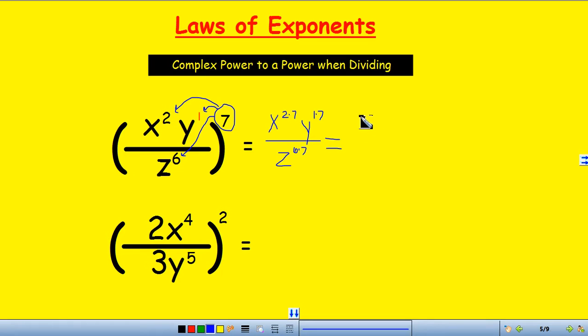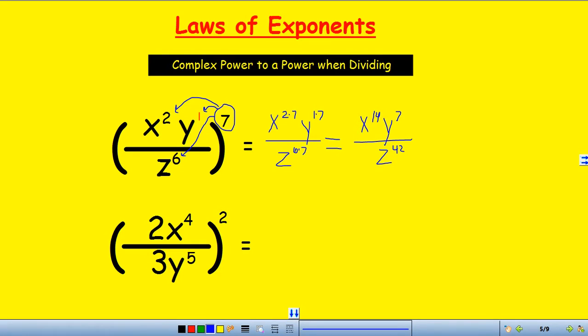Now let's simplify that. So we have x to the power of 2 times 7, which is 14, times y to the power of 1 times 7, which equals 7, over z to the power of 42, which is 6 times 7.